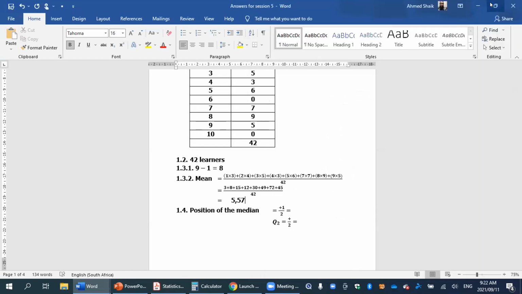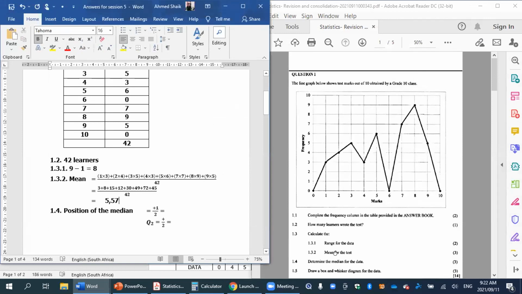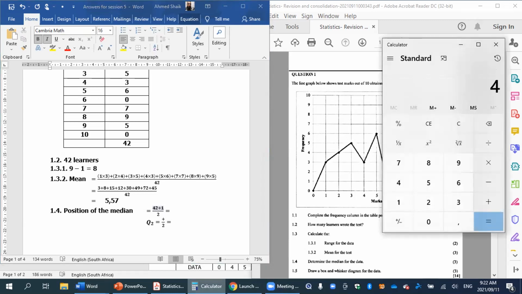So we're looking at 1.3, 1.4, determine the median for the data set. So in order for us to calculate the median, remember, we have 42 values. So that would be 43 divided by 2. And let's calculate that. That gives us the 21.5th position.